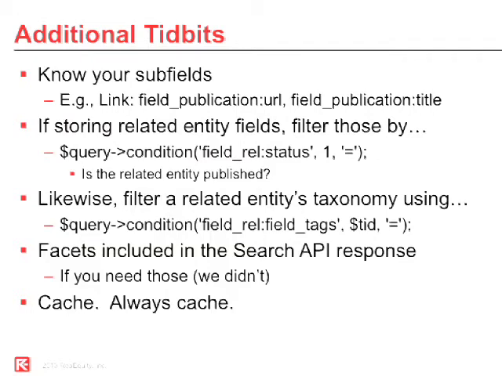We built it in such a way where it had a slightly graceful fallback. At least you would see something. You're not going to get a weird white screen or something. But if you're not caching, you run the risk of your Solr backend going down and your website not displaying things. So make sure you're running Varnish or something like that.